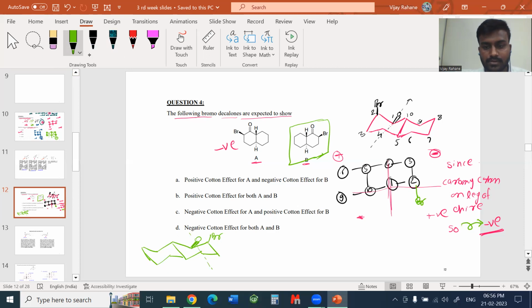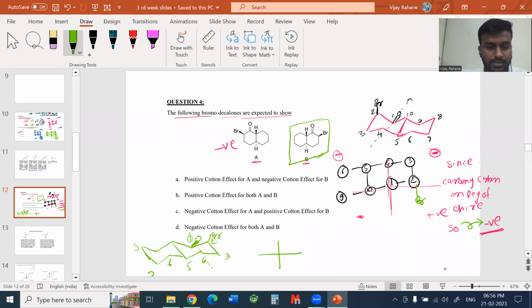Right. So here also, you can see from this side: first, second, third, fourth, fifth, sixth, seventh, eighth, ninth, 10. And if you see from this side, the first carbon is here, and on the right-hand side there will be one. Here you can see the bromine on the right-hand side, but it should be on the left because we need to see from the back side.